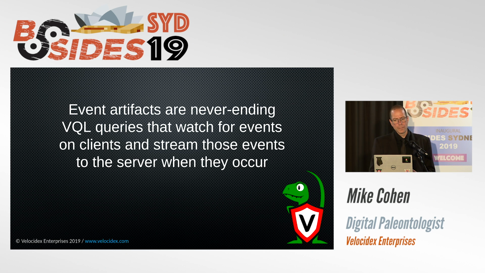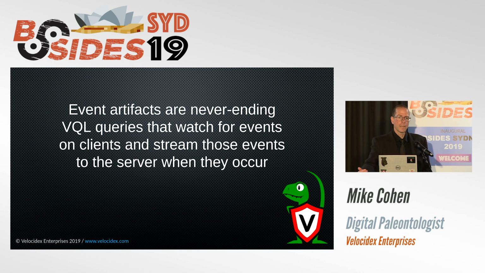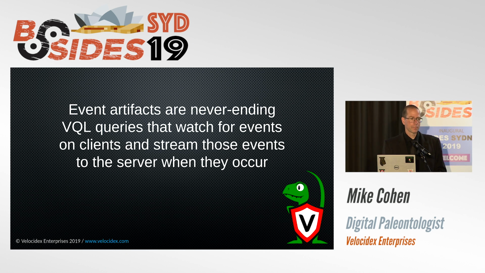So if you have a query that never terminates, and let's say the query is just sitting there watching for particular events to occur, then as those events occur, the query will return one row at a time, streamed into the server. And so that basically becomes a monitoring framework, because the query itself can just inform you whenever an interesting event happens, and then you can process that event in the rest of the query.